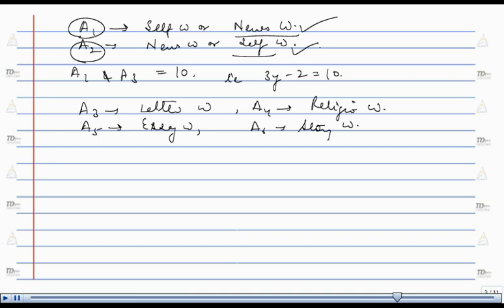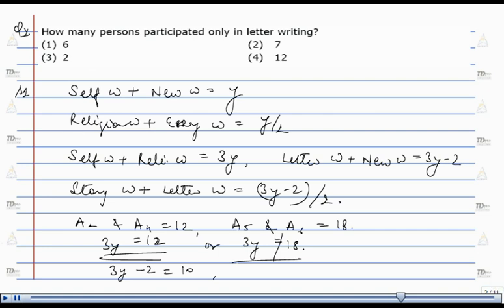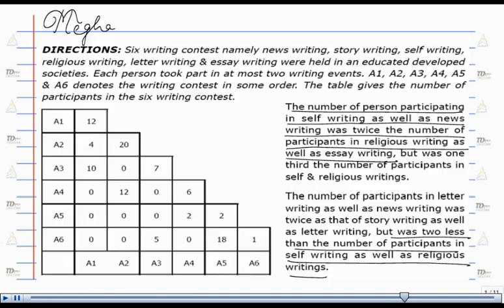So in our table, it becomes A1 as news, this is self, this is letter, this is religious, this is essay, this is story.